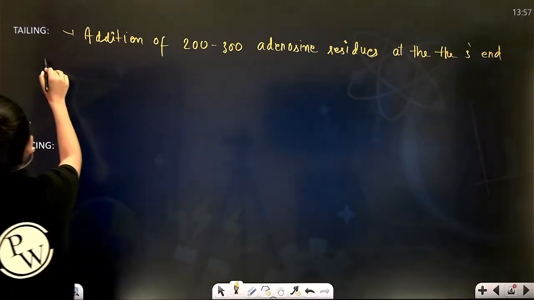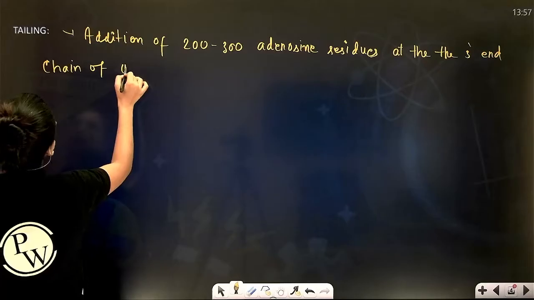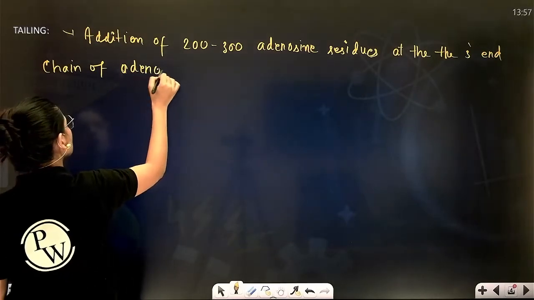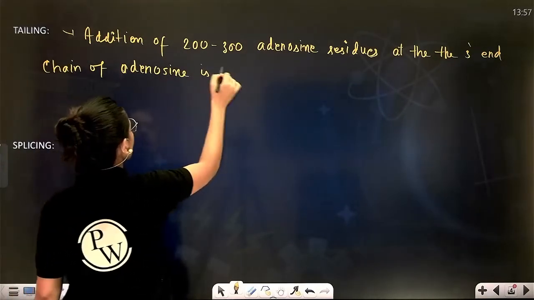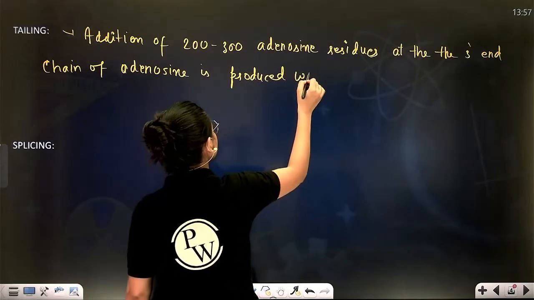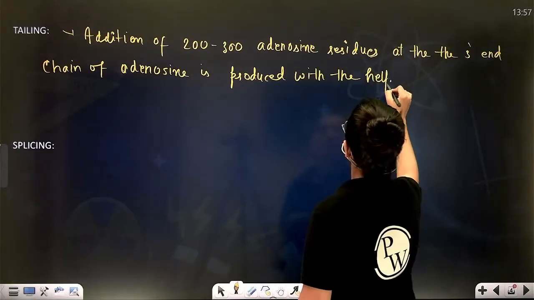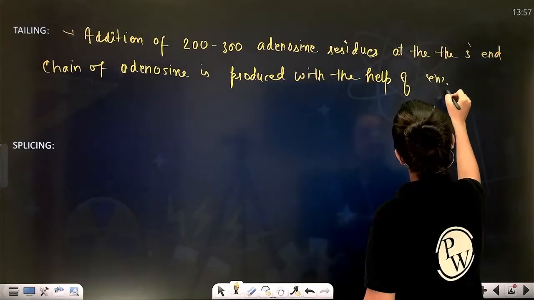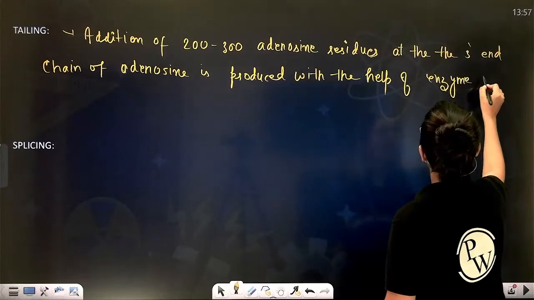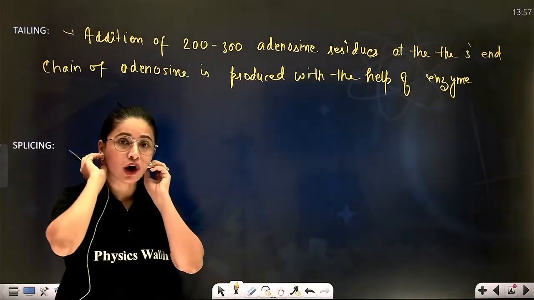Now, the chain of adenosine is produced with the help of an enzyme that works template independent, because this enzyme is going to function independent of template.